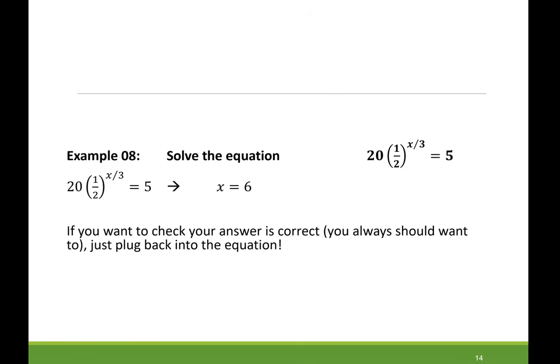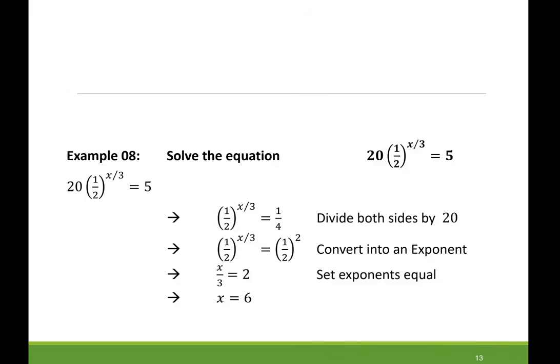And when you translate that exponential function into a polynomial equation right here, the domain for a polynomial function is also all real numbers, so there's no way to get an answer in the polynomial form that won't work in the exponential form.